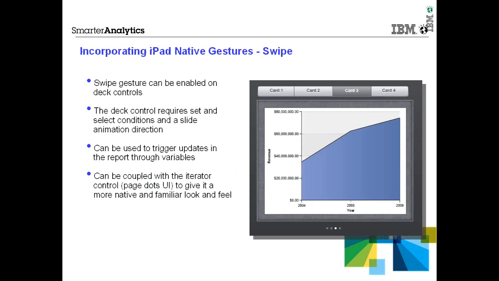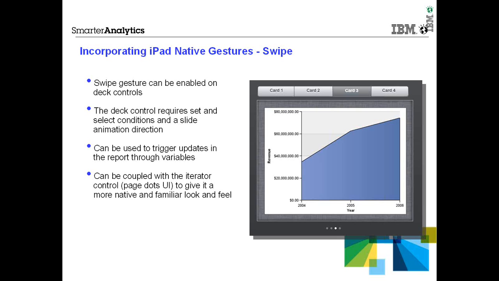And one of the most important things that has been highlighted with Apple and the iPad coming in is the swipe gesture. Swipe gesture can be enabled for you to take control of the whole thing.